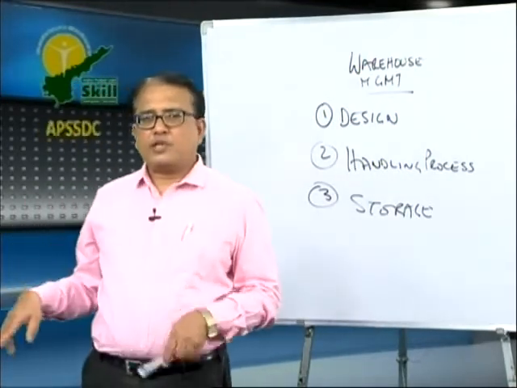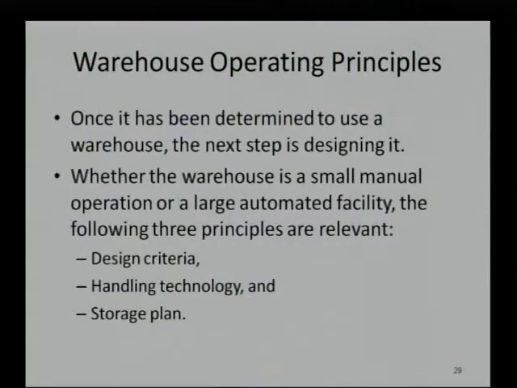Let us just go to the slide and read some significant areas. Once we have determined to use a warehouse, we have to understand, is this a small warehouse? Is it operated manually? Is it a large warehouse with excess capacity, with large capacity to store goods?